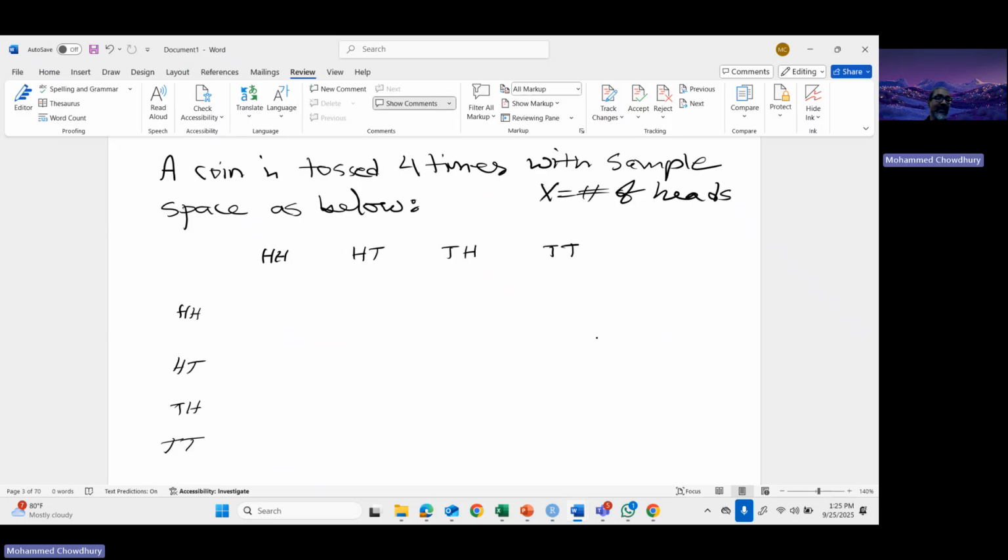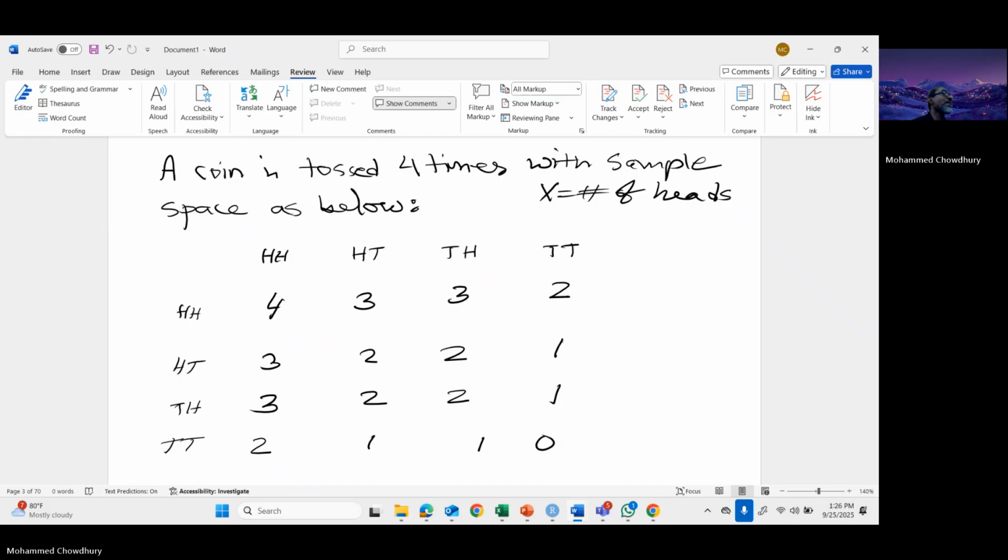So now I have here 4 head, 3 head, 3 head, 2 head, 3 head, 2 head, 2 head, 1 head. Here is 3 head, 2 head, 2 head, 1 head, 2 head, 1 head, 1 head, 0 head. Do you agree with that? Clear, right?